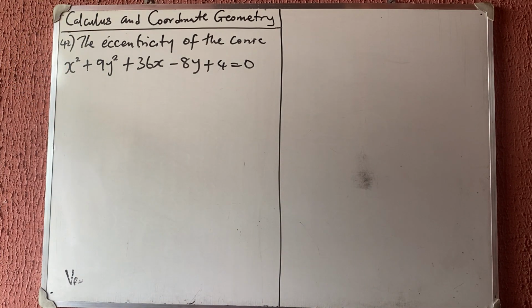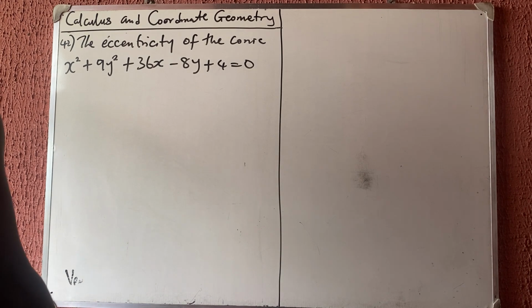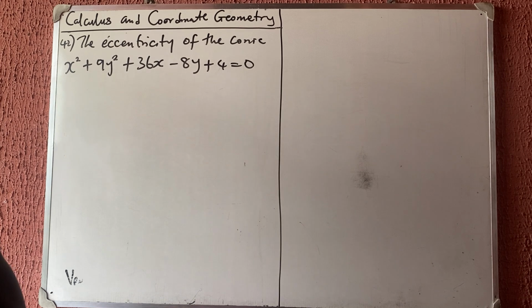I think there is a mistake in that question. So let me find the correction to that question. I think this conic is a hyperbola. So since it's a hyperbola, let's go to the side of hyperbola to check something.